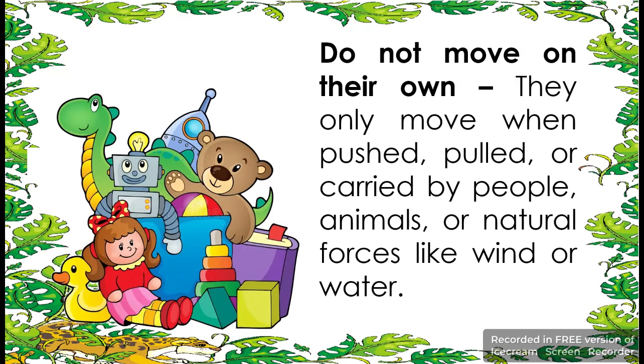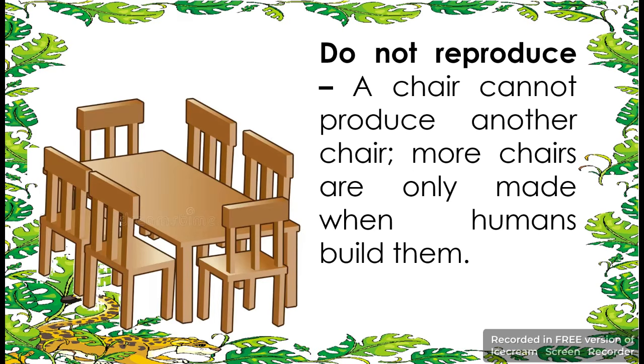They also do not move on their own. They only move when pushed, pulled, or carried by people, animals, or natural forces like wind or water. They do not reproduce. A chair cannot produce another chair. More chairs are only made when humans build them.